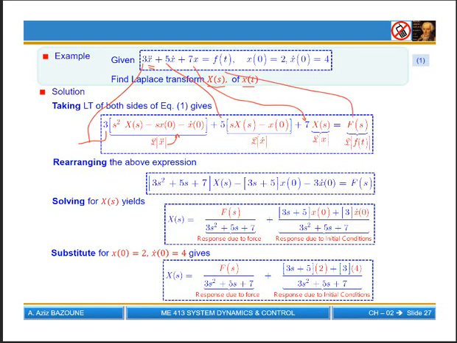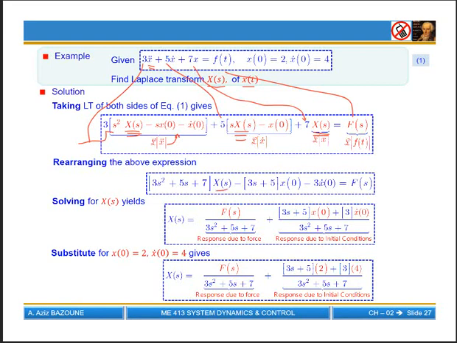Now we rearrange. Let's take X of s common from all three terms. So we have 3s squared plus 5s plus 7, times X of s.